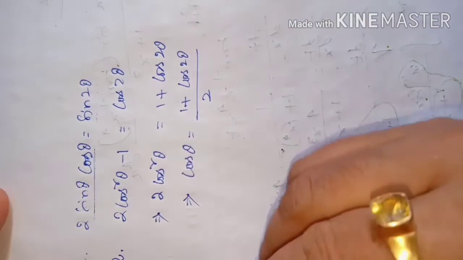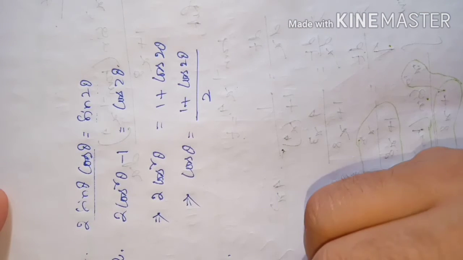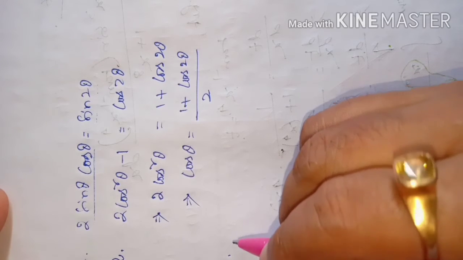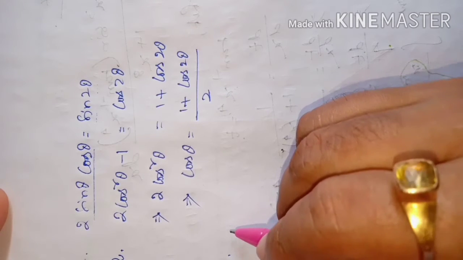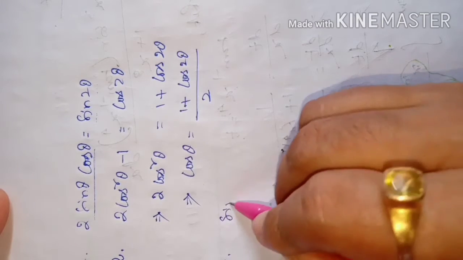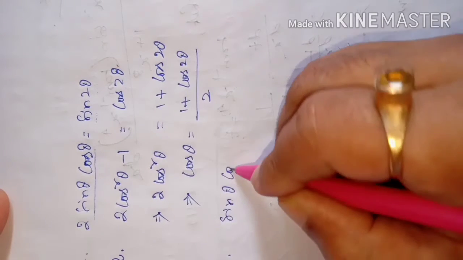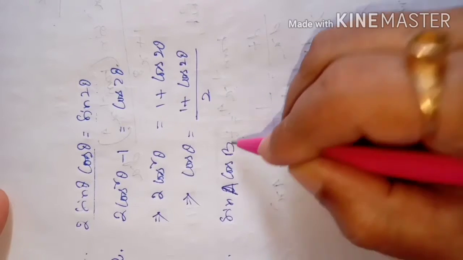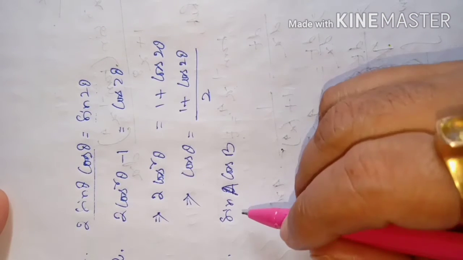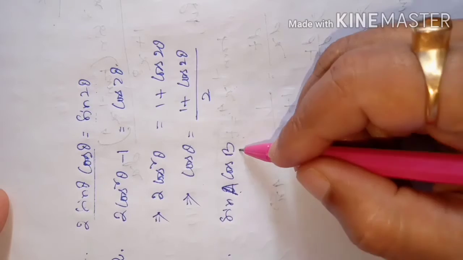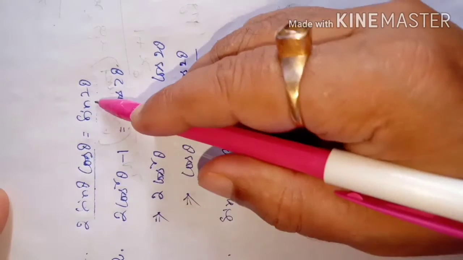Okay, dear students. Another identity, let me remind you. Suppose you have sine A cos B, where both the angles are different. If both the angles are the same, that is sine twice theta.